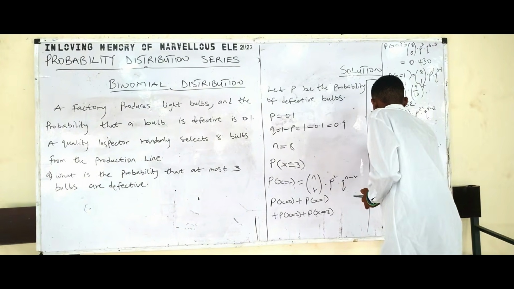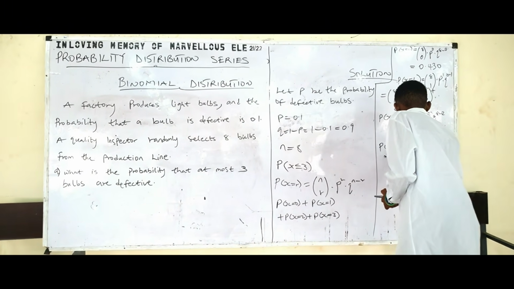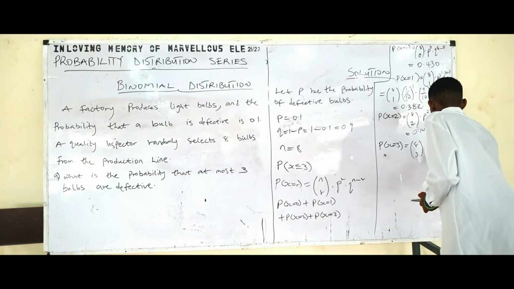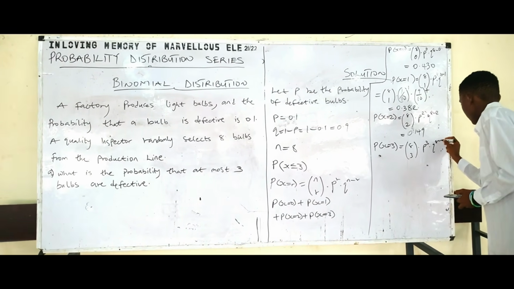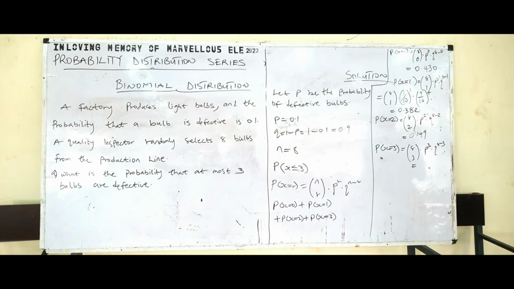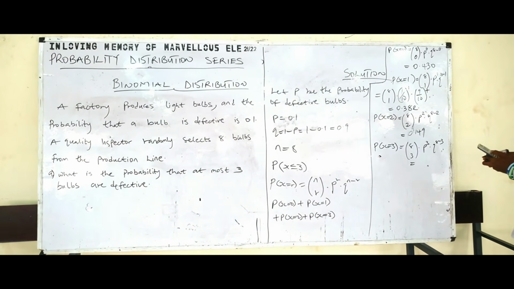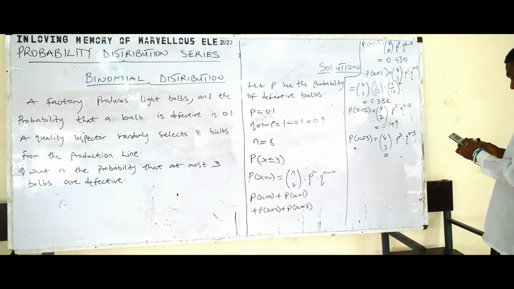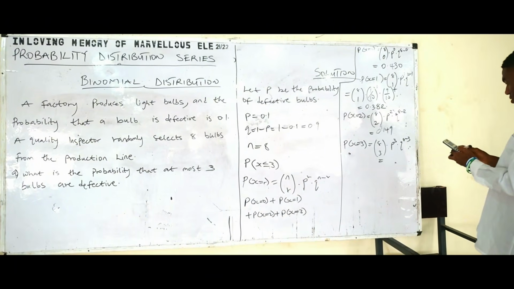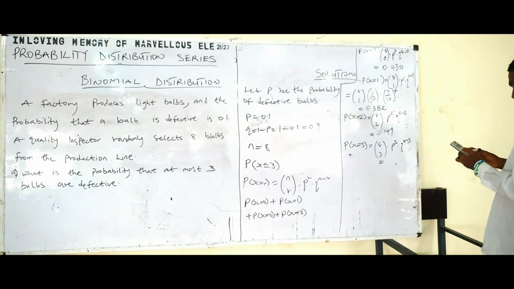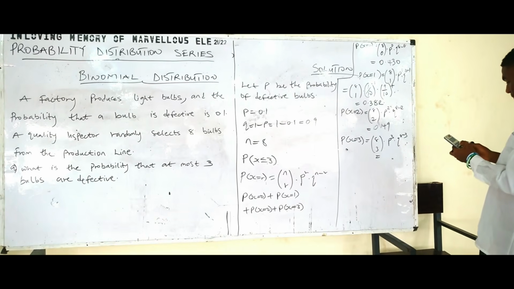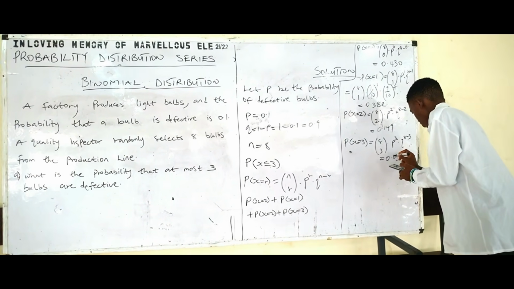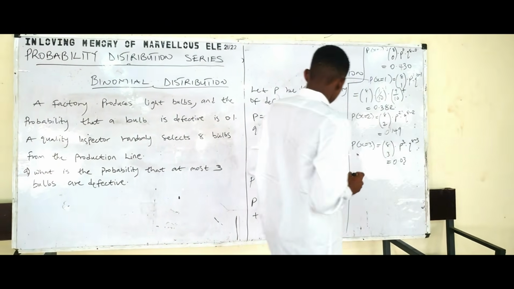And the last one, probability of x equals 3: 8 combination 3 times p to the power 3 times q to the power 8 minus 3. We get 0.03.